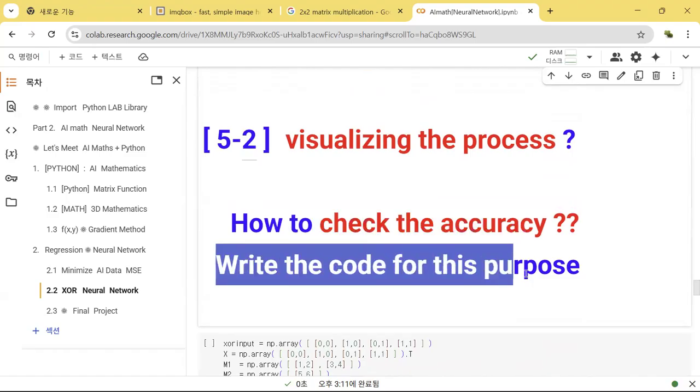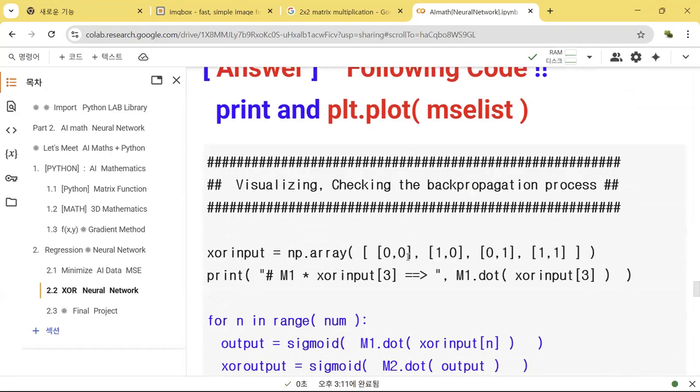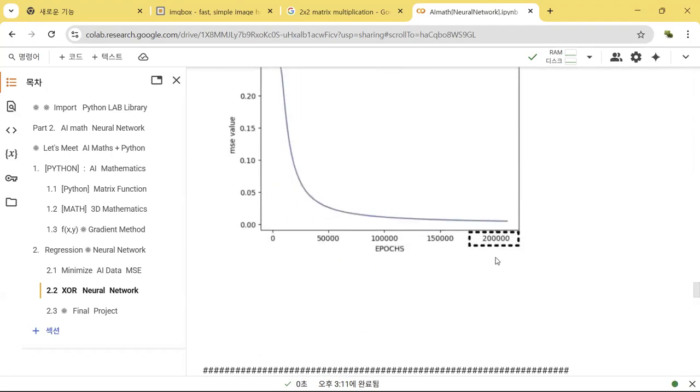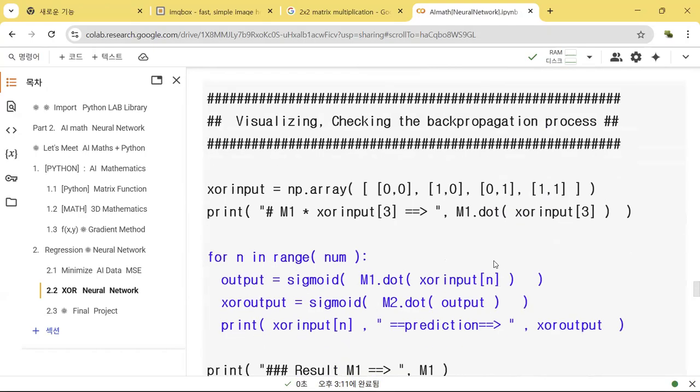Write down the code for this purpose. So how do you show that your Python code is working, so that as you execute again and again, this Python code improves the accuracy, by showing that the graph of mean squared error looks like this, approaching 0? Okay? And then finally, just compare.